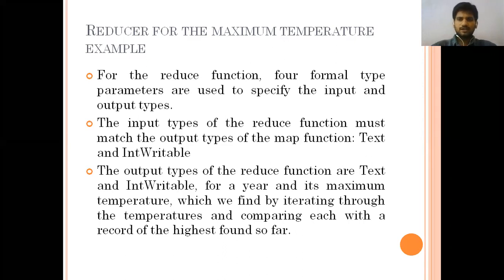So how are we going to find the highest temperature using these parameters? Again we have 4 parameters. One is Text and IntWritable as input, and the output is Text and IntWritable. From this we are going to find the maximum temperature.